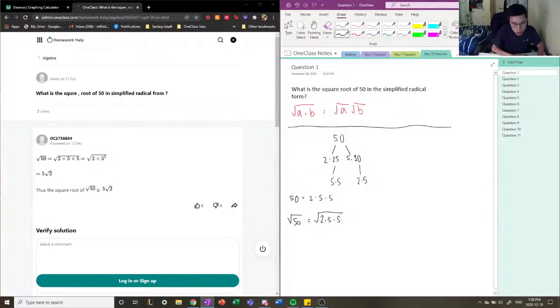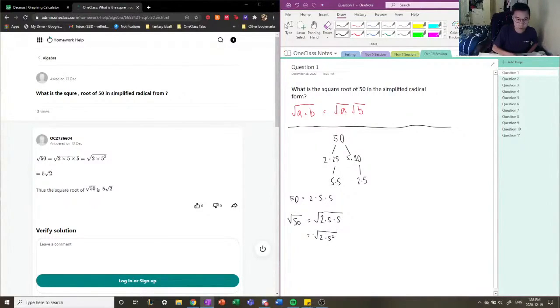We already know that 2 times 5 times 5 is equal to 50. We can alternatively write 2 times 5 times 5 as 2 times 5 squared. We just took these two 5's together, and 5 times 5 is also equal to 5 squared.